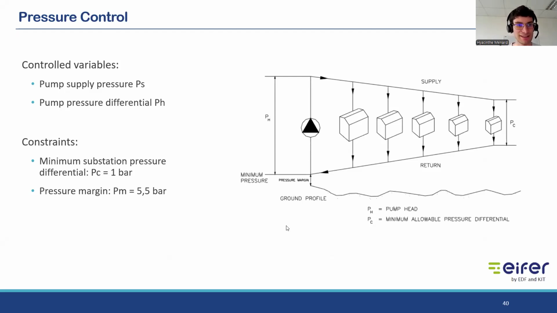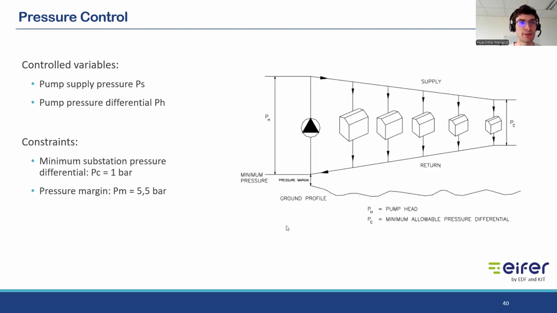And so in my case, I would like to have this minimal substation pressure differential of 1 bar. So I want to have at least 1 bar of pressure difference through every substation. And I also want to set the pressure margin, which is the minimal return pressure that goes back to the pump, of 5 bars.